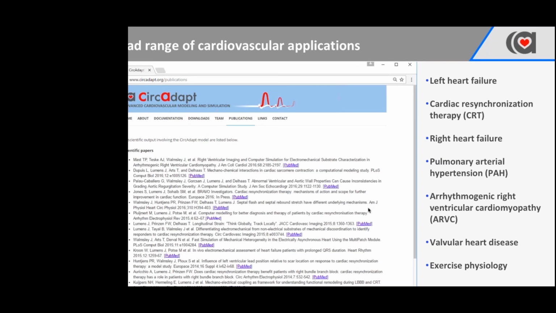Then we have arrhythmogenic right ventricular cardiomyopathy, in which we use CircAdapt to derive values that, by means of looking at the mechanics, let you already predict whether there would be an electrical problem, yes or no. We applied it to valvular heart disease, like aortic regurgitation. We also do a lot with exercise physiology. So very versatile, with a very broad range of application possibilities.